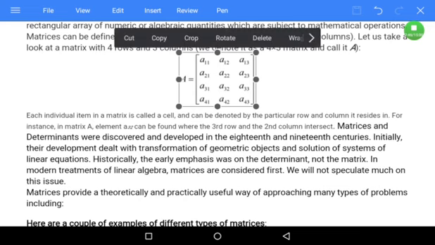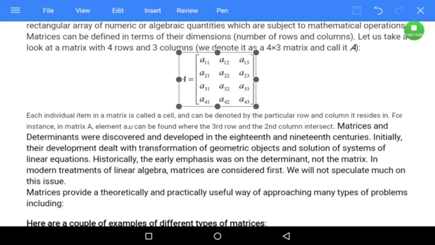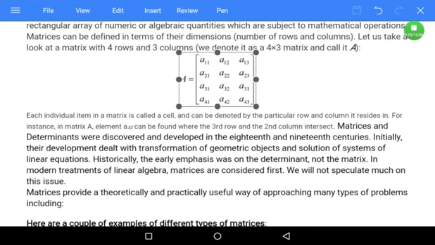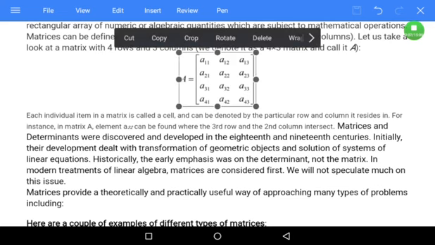Why do we name it 33? Because it occupies the third row and the third column. A32 occupies the third row and second column. So in 3, 2, the 3 means row and the 2 means column. So row comes before column in a matrix. Do you understand? Where is this item located? This is A12. Can you see that? Because it occupies the first row and second column.